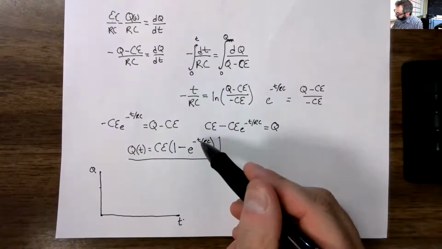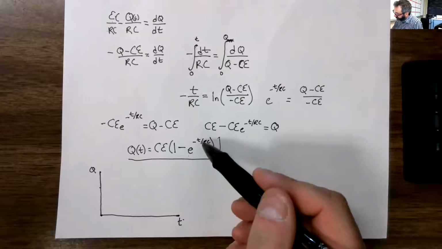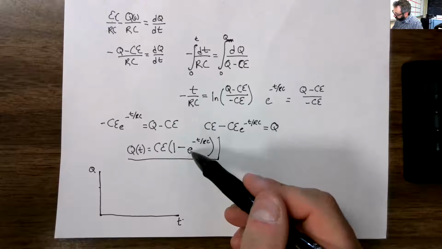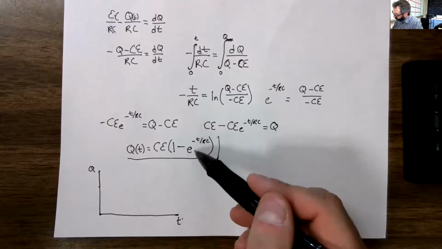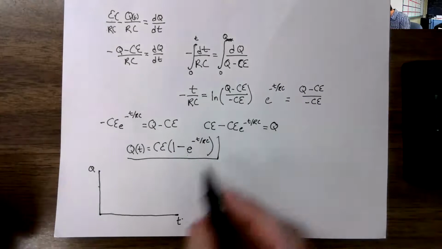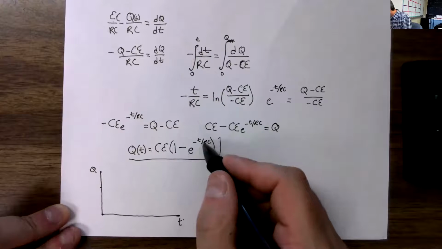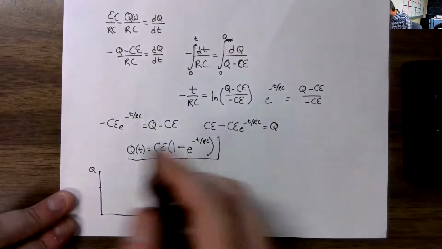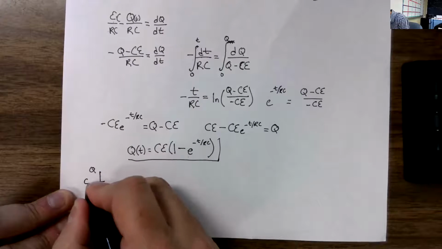As t gets really big and close to infinity, e to the minus infinity is going to be 0. So as time goes on, this is going to approach 0, and 1 minus 0 is just 1. So it's going to approach 1 as time gets bigger. And since everything is multiplied by CE, that's the value that it approaches.